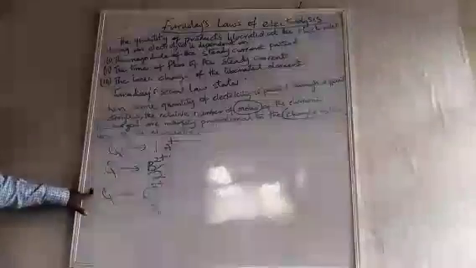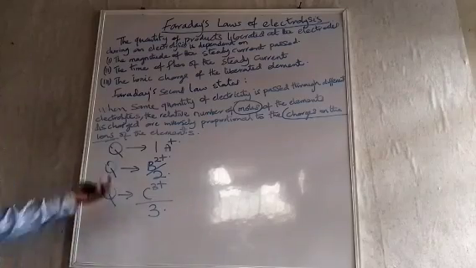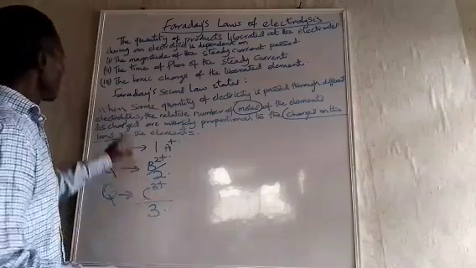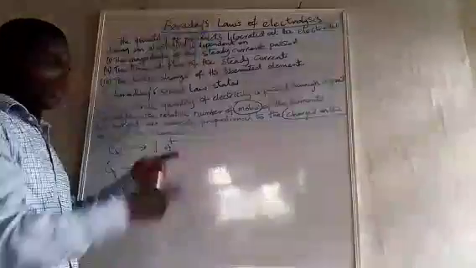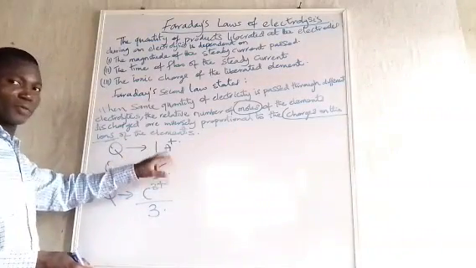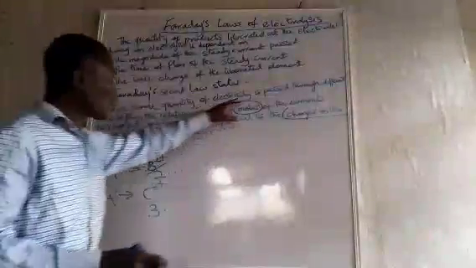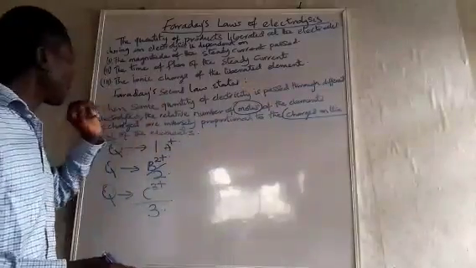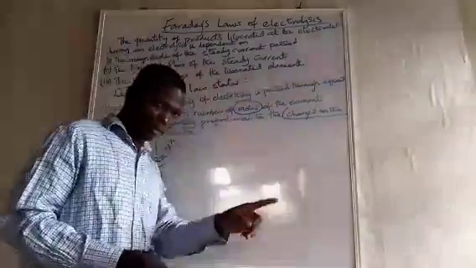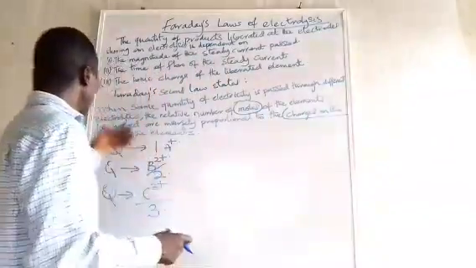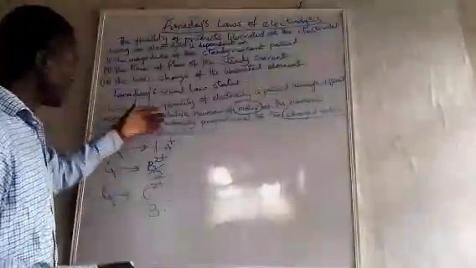This same quantity of electricity will give us moles which is inversely related to the number of charges on it. That is what this second law is talking about. When the quantity of electricity is passed through different electrolytes, the relative number of moles of the element discharged are inversely proportional to the charges on the ions of the elements.